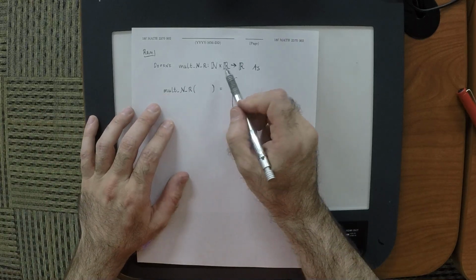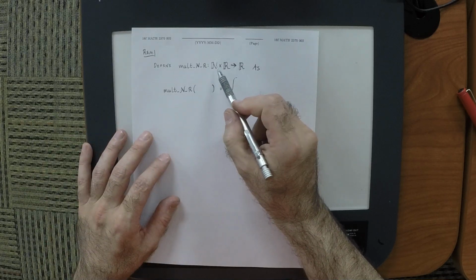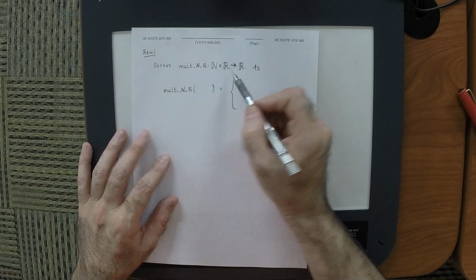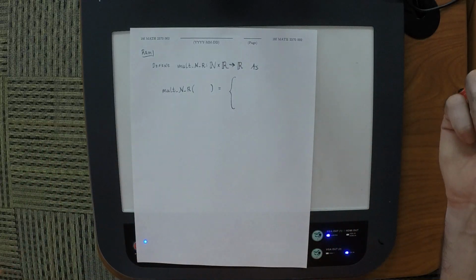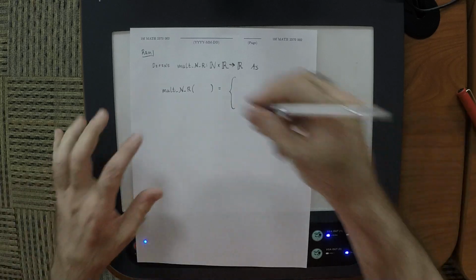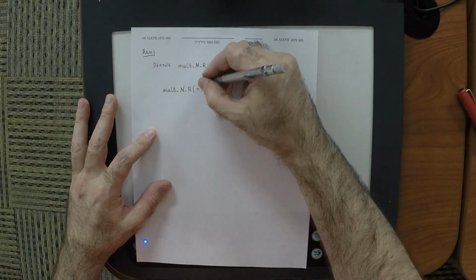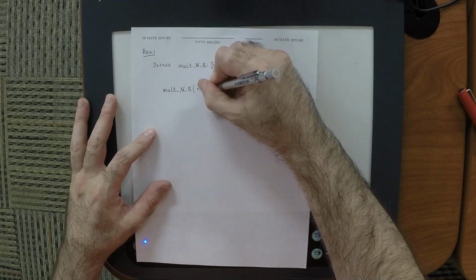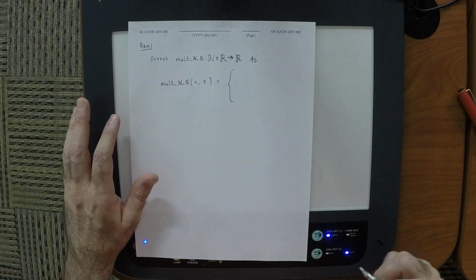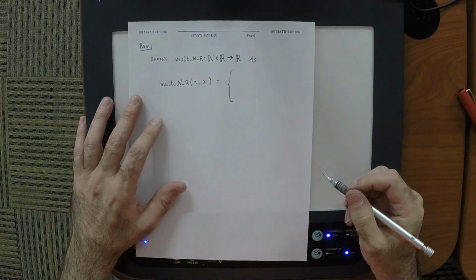Because the signature of the function says this to that, and that says naturals cross reals, we're talking about a function that has two arguments, a first and a second. The first one I'll call n because it's a natural, and the second one just x. And we already wrote this. This is not new. I'm just reminding you of the things that we did.